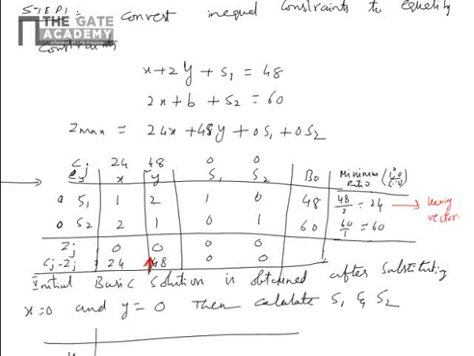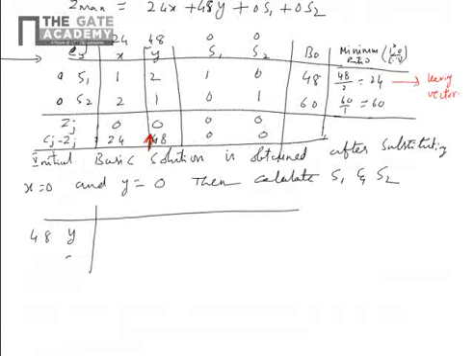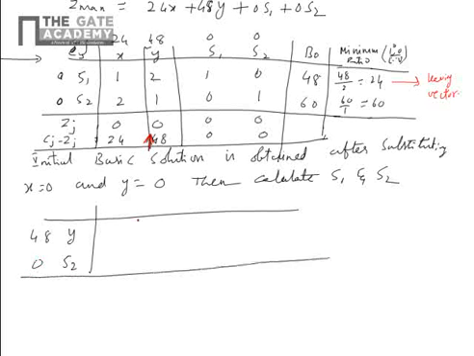The coefficient of y is 48, S2 is 0. Again, divide the leaving vector row entirely by the corresponding value.